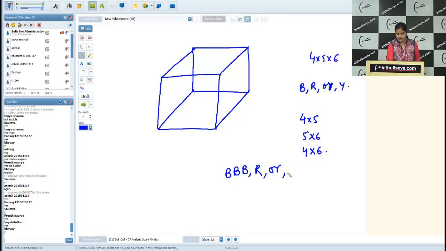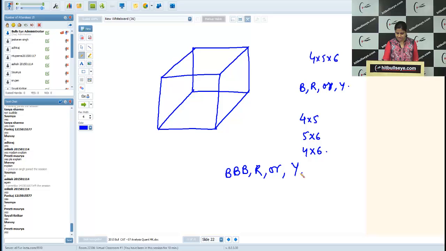Red is used once, orange is used once and yellow is used once. What will be the location of those faces? Suppose this is blue, this is blue. I mean to say that all 3 are adjacent. If we consider these 3 faces to be blue, we will maximize.